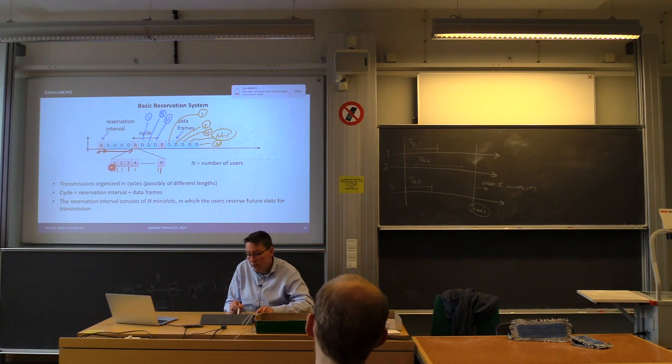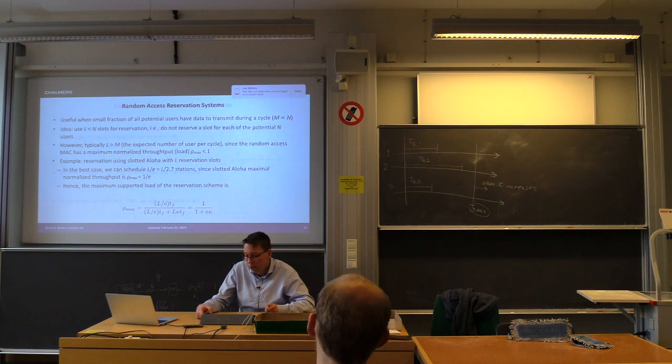Access to these mini slots also requires medium access control. Either we use something like TDMA, where each user has a predefined time slot, users are synchronized and everything is well, or we use a random access method for accessing these slots. These are the two main options.